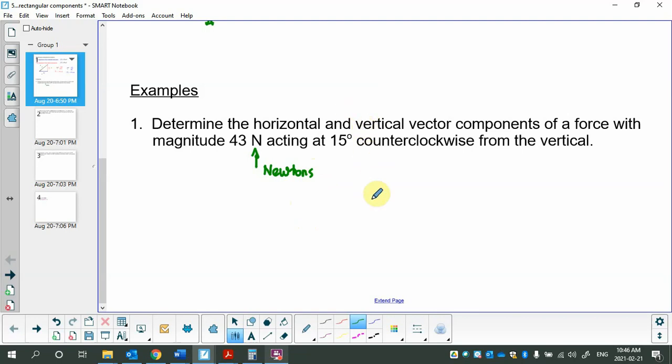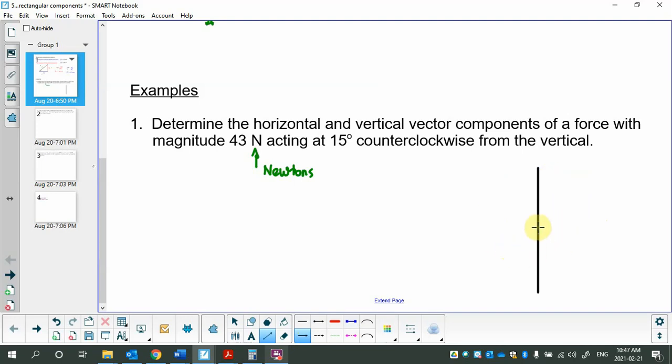Okay, so I'm going to actually use a ruler for this. So here is my vertical. And it says that I have a vector with a magnitude of 43 newtons acting at 15, so it's a vector, so I need my arrowhead, 15 degrees counterclockwise from vertical. So the hands of a clock go this way.